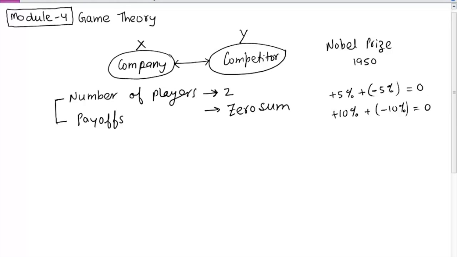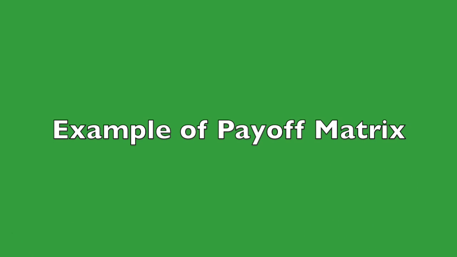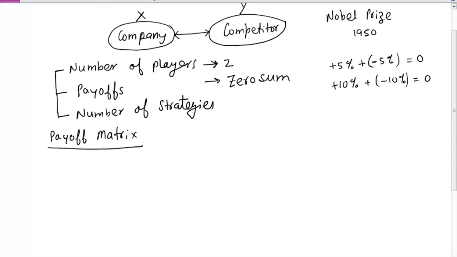The third factor in game theory is the number of strategies players can choose. Let's consider situations where these 2 players X and Y choose 2 strategies.